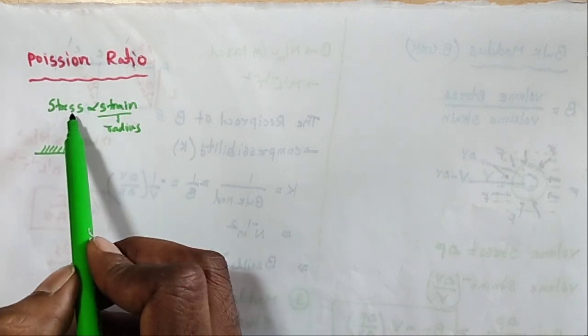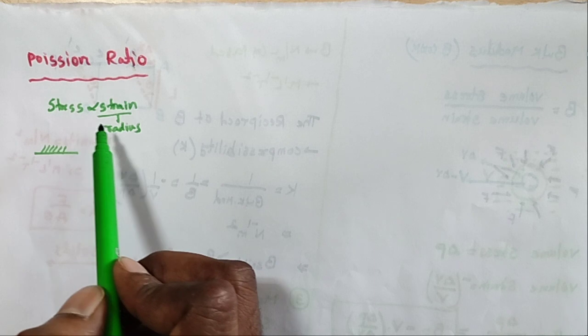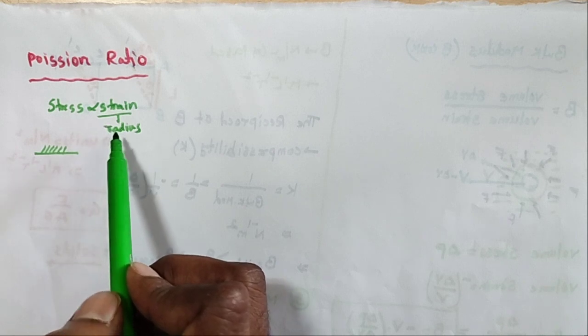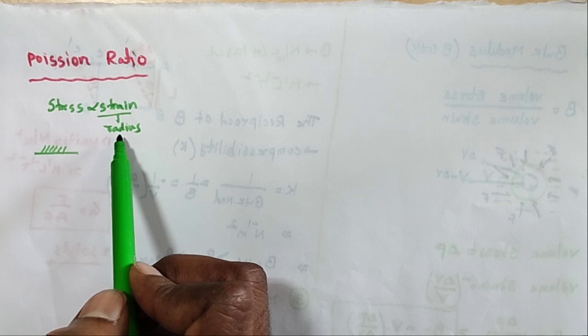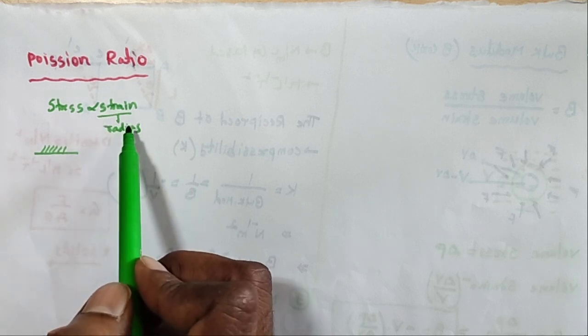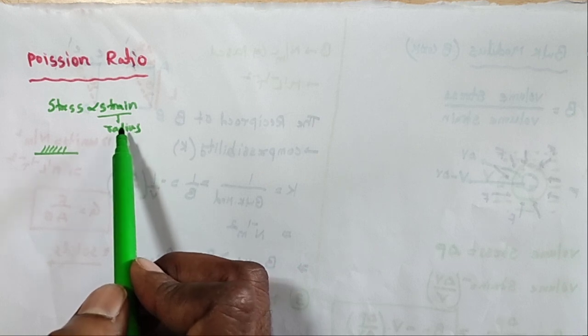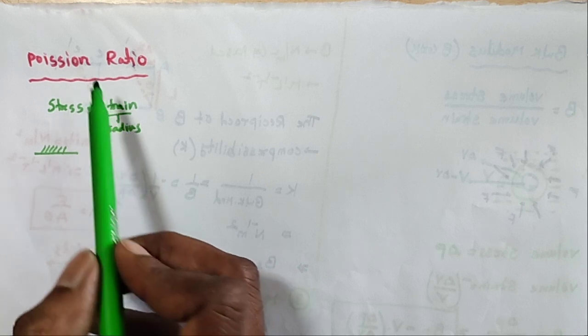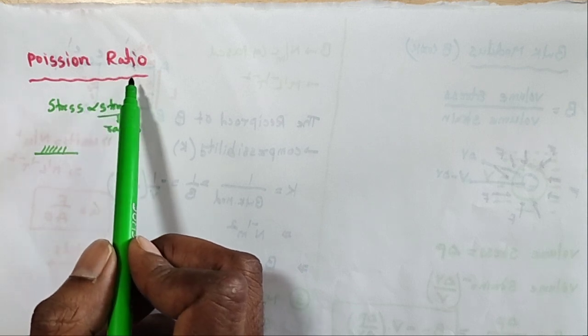When the stress increases, the strain also changes, but not exactly proportional. Due to this reason, another elastic constant of the materials is described. That is called Poisson's ratio.